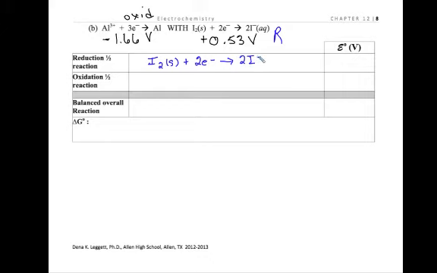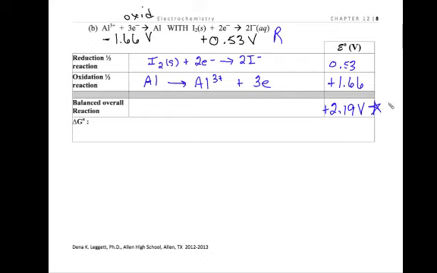Now this would be a tricky cell to build, and honestly I'm not sure how we would do this, but I'm going to give you the cell notation. 0.53 volts. Now I'm going to reverse the aluminum because it's going to be our oxidation, and I would oxidize aluminum to aluminum ion plus 3 electrons. Therefore I'm going to change the sign, and when we add that up, you get 2.19 volts, which is positive.